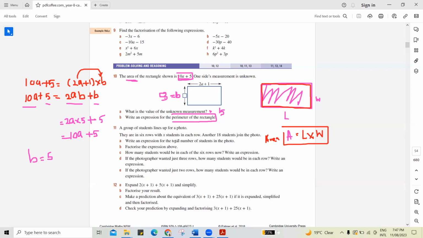Perimeter of a rectangle. If it is L and W, length and width, you should know what the perimeter is.